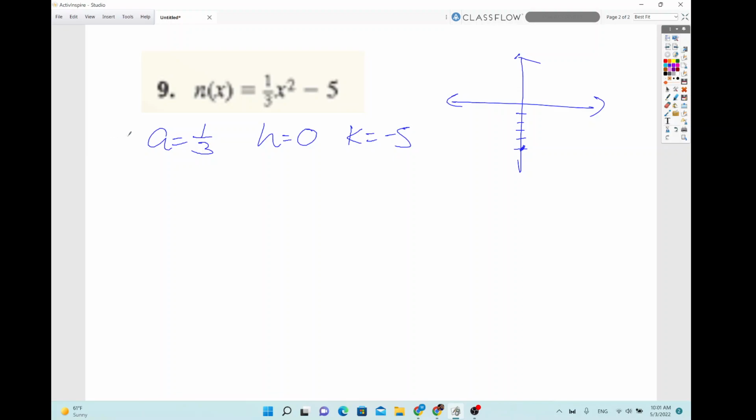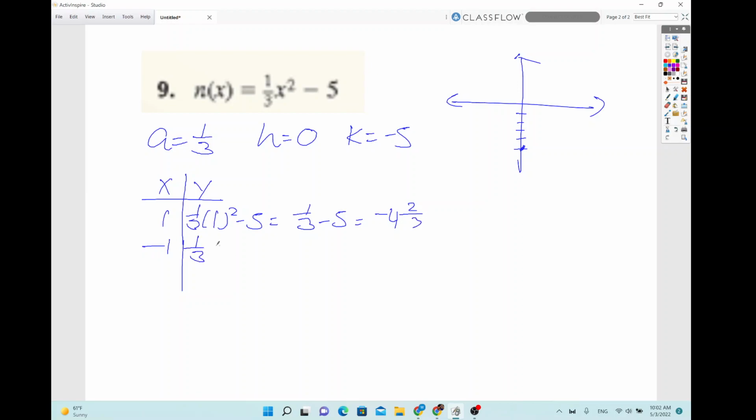So with 1/3, in order to find out the exact way of shrinking the graph, we need to set up the xy table to get some positions. So plug in 1, and -1, once again: we got 1/3 times 1 quantity squared minus 5, so it's 1/3 minus 5, which is -4 and 2/3.